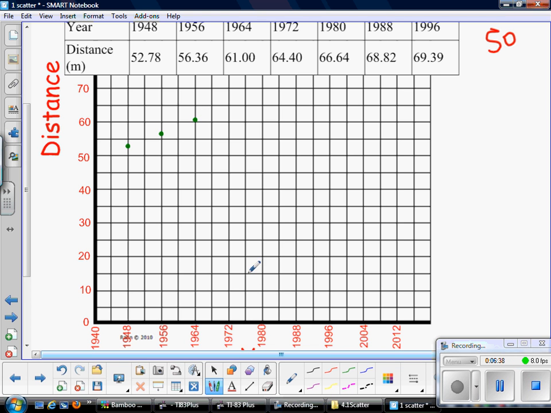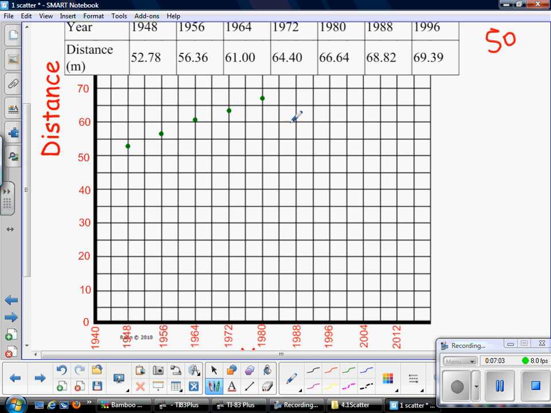In 1972, it was 64.4, which is almost 65, so it's getting close to that line. And then in 1980, we had 66.64, which is almost 67, which is approximately here. If you notice, we're estimating to a certain degree within our squares.